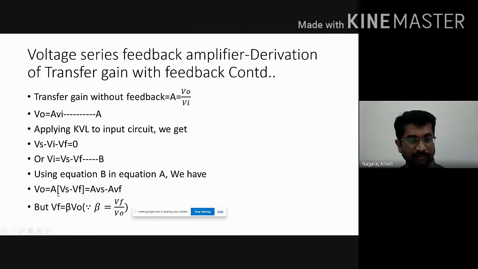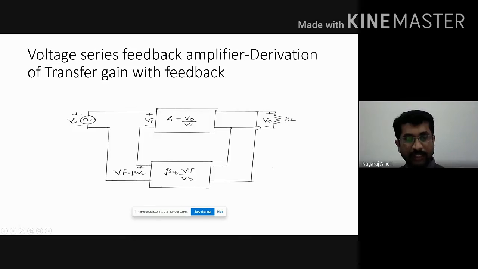Now multiply inside. We get V0 is equal to AVs minus AVf. But what is Vf? We know from the feedback factor equation that beta is equal to Vf by V0.